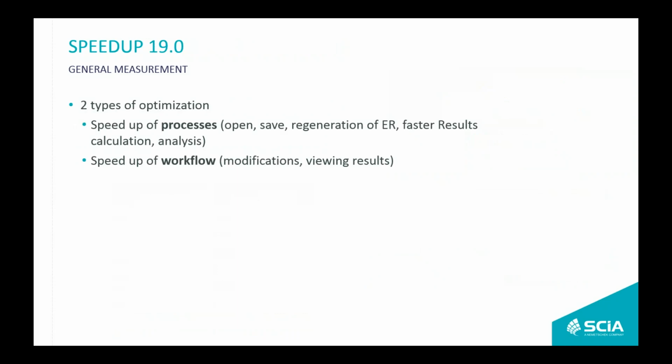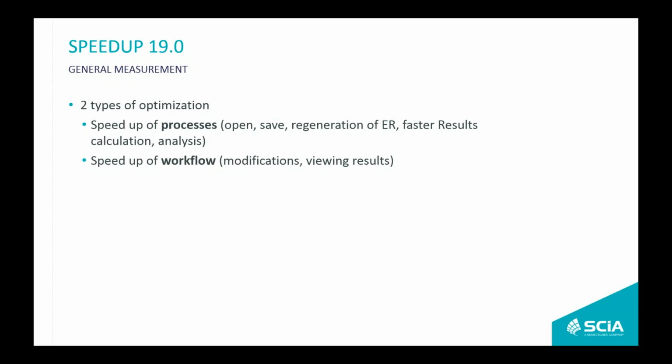To summarize the speed up improvements in version 19, we have 2 types of optimization. First is the speed up of processes, as I just spoke about. We have the opening and saving time reduction. Then there is one important topic that I didn't show in the previous slides, and that is the regeneration of the engineering report when opened with an extensive amount of tables.